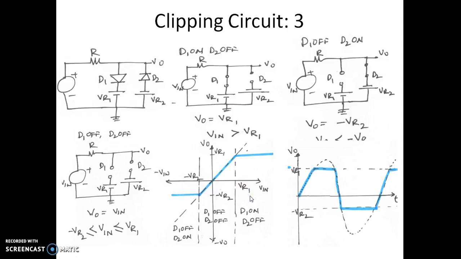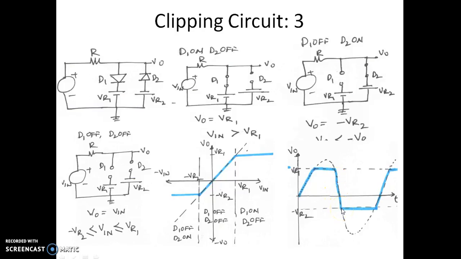Let us have a look at the waveform. If the input voltage is less than VR1 and more than minus VR2, both the diodes are off, so the output follows the input. If the input voltage is more than VR1, diode D1 is on, so the output voltage is VR1. And again here there is a condition where both are off, so the output follows the input.